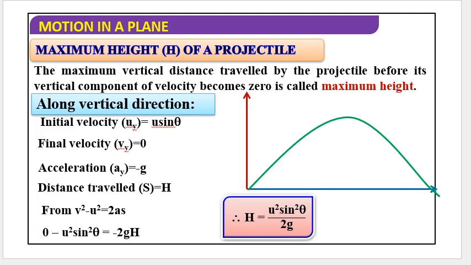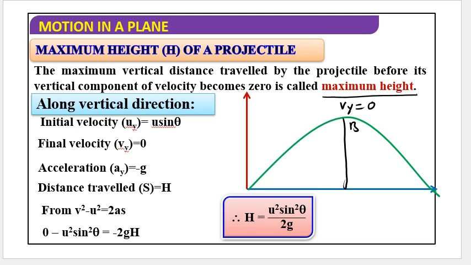Next, maximum height of a projectile. What is meant by the maximum height of a projectile? The maximum vertical distance traveled by the projectile before its vertical component of velocity becomes 0 is called the maximum height. We know very well that at the topmost point, the vertical component of velocity becomes 0.